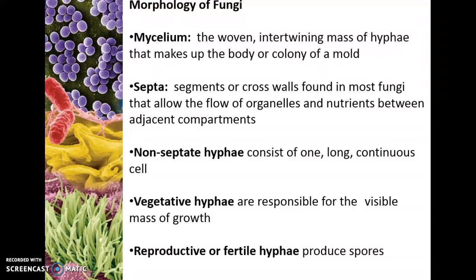But then there's non-septate hyphae that don't have that cross wall, and so then it looks like just one giant long cell. The vegetative hyphae are responsible for the visible mass of growth. So that's what you see on the surface of fruit, bread, your petri dish.